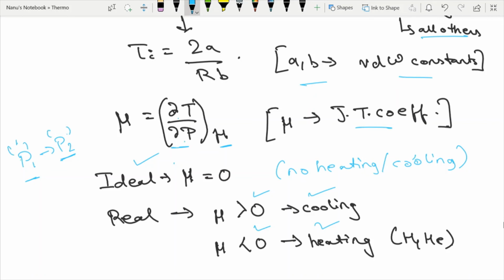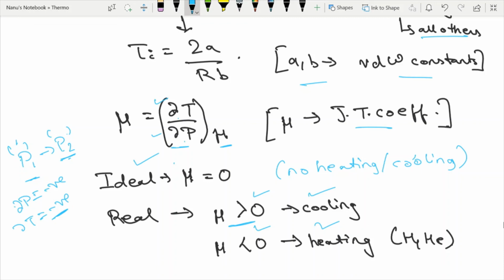So it's going from a more compressed place to a more expanded place, right? So the change in pressure is decreasing. Therefore del P is negative, and if del T is negative, that is, cooling is observed, both numerator and denominator will be negative, because of which your Joule-Thomson coefficient mu will be positive. It will be more than 0.